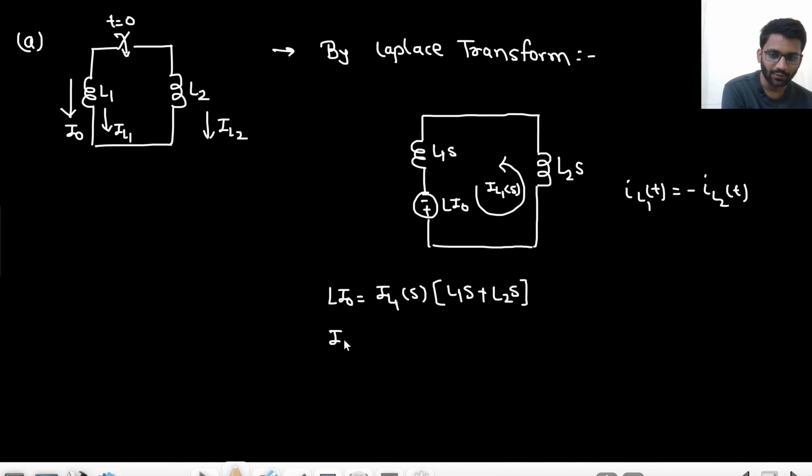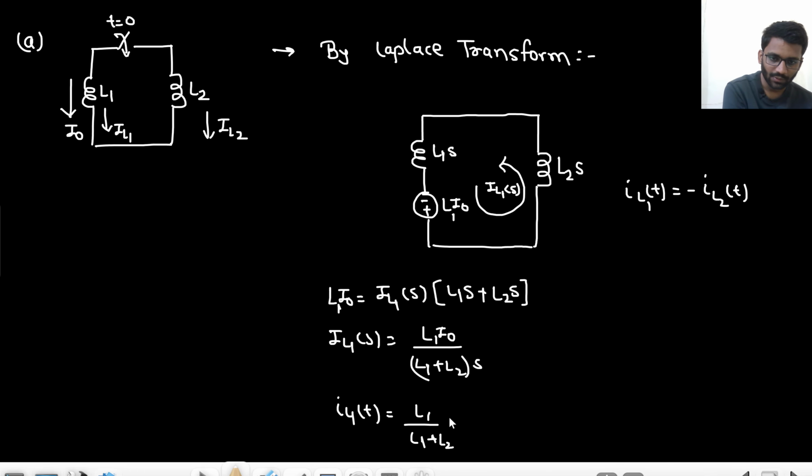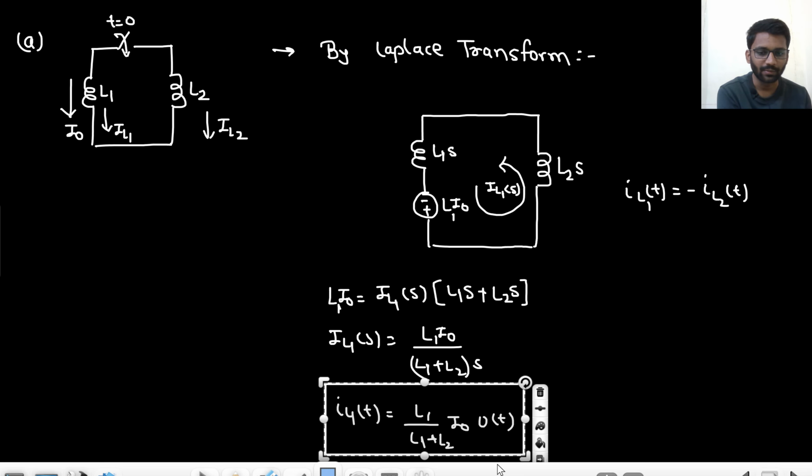So from here we can get the value of IL1s, that is L1 I naught, because in the direction of current minus to plus, L1 I naught upon L1 plus L2 into s. So what is IL1t? That is L1 upon L1 plus L2, I naught into u(t). So this is what is happening with IL1, and IL2 will be simply the negative.